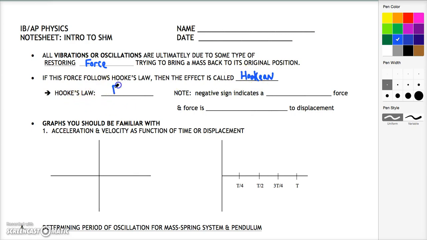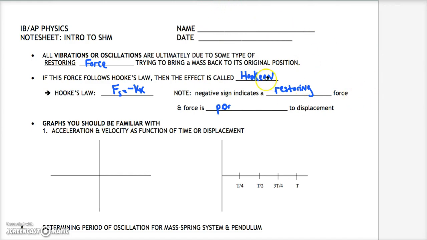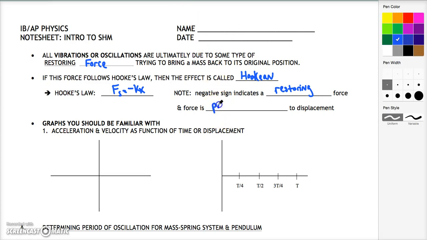Hooke's law is that the force on a spring is equal to negative kx. The negative sign just means that it is a restoring force, and the force is proportional to the displacement.